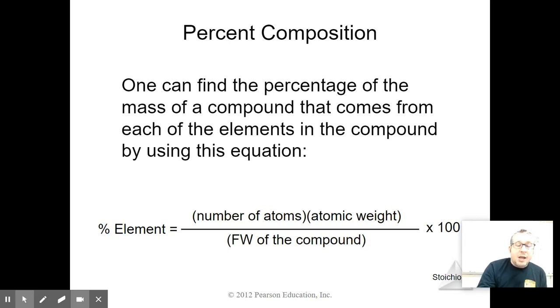If you are not told what the overall formula weight or molecular weight is for a particular compound, the first step is to calculate it yourself. Then you can proceed to finding the percent composition of each element.